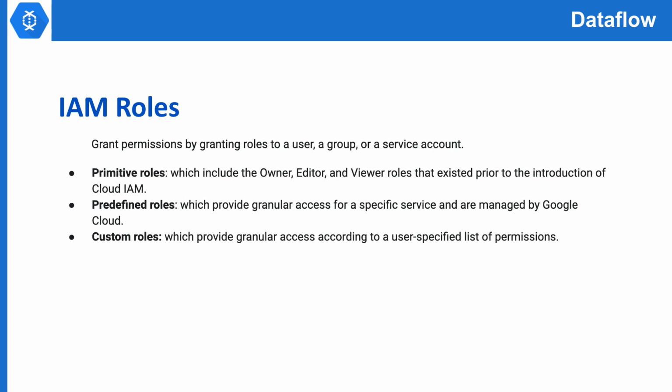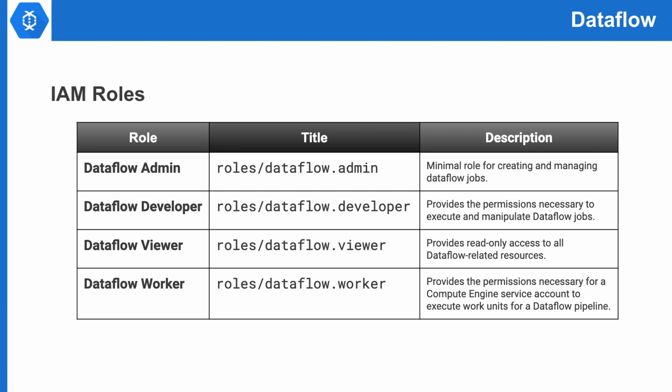To limit access for users within a project or organization, you can use Dataflow IAM roles. You can restrict access to Dataflow-related resources instead of granting users viewer, editor or owner access to the entire Google Cloud project. These are some of the default Dataflow roles: Dataflow Admin, Dataflow Developer, Dataflow Viewer and Dataflow Worker.